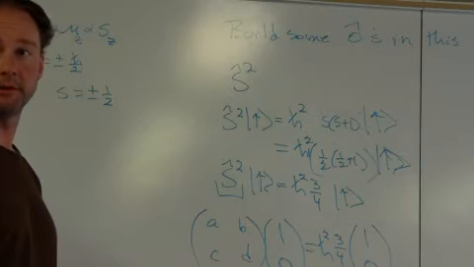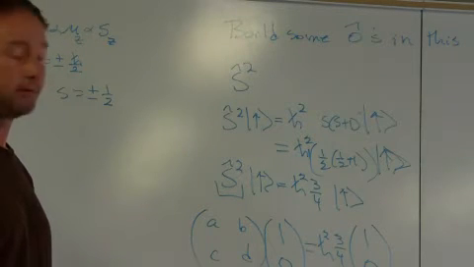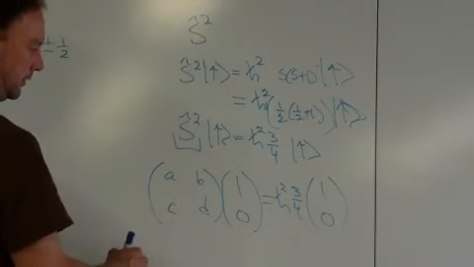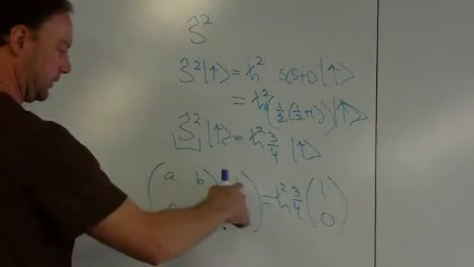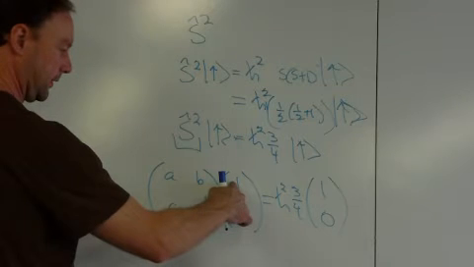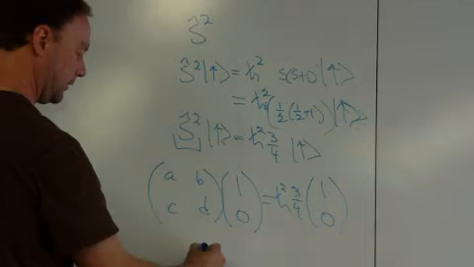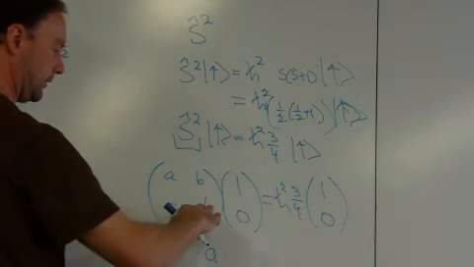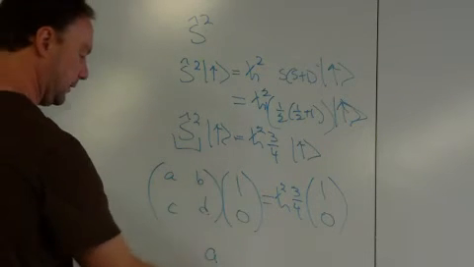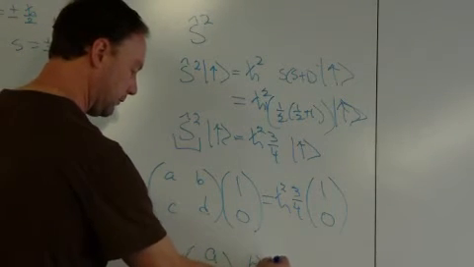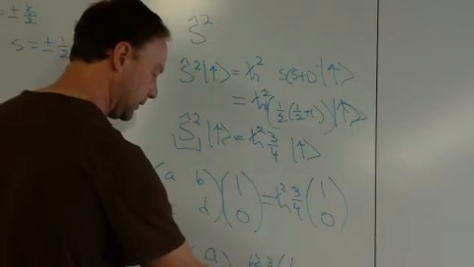So it's going to be A times 1 plus B times 0, so this is going to be A, and then this is going to be C. A, C has to equal h bar squared 3 over 4 times 1, 0.